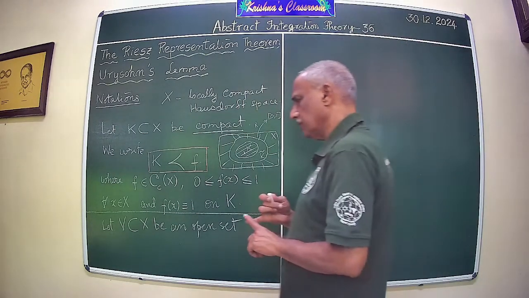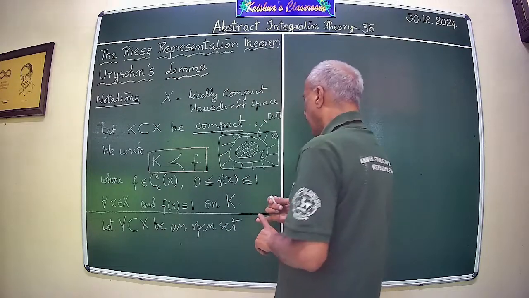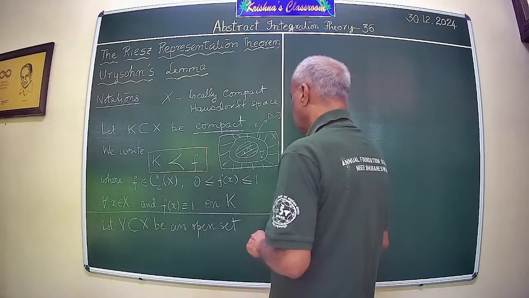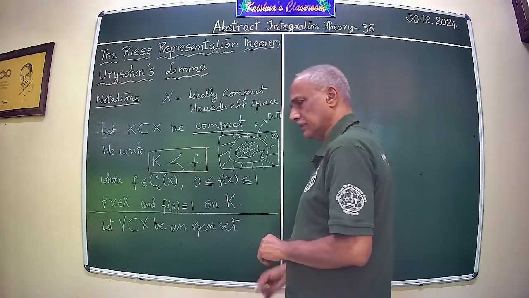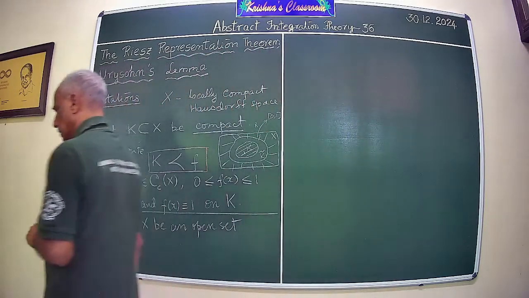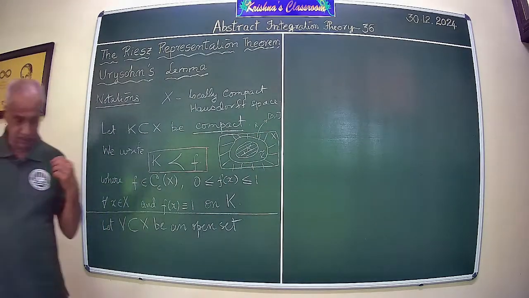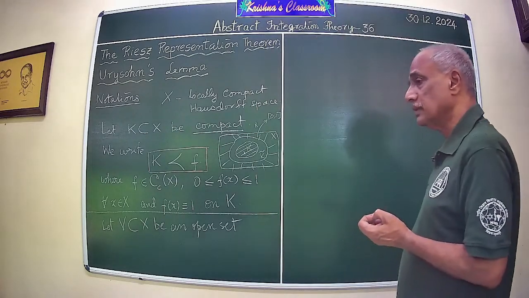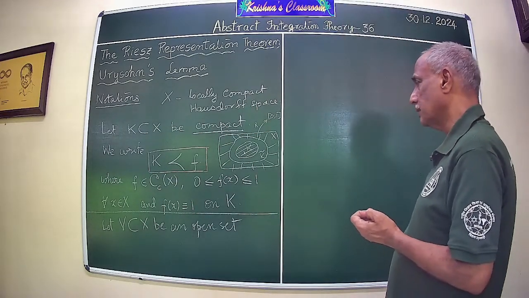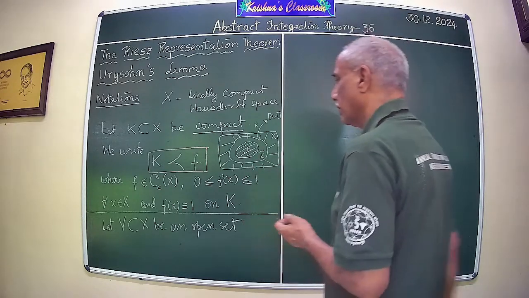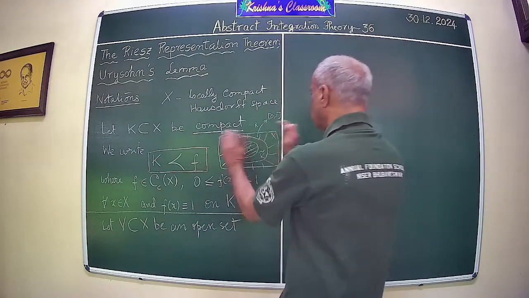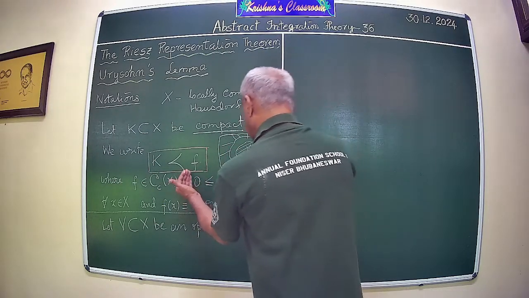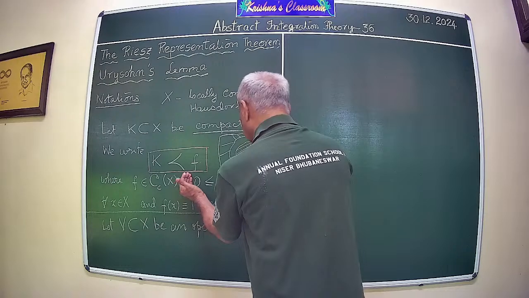So on K, the function takes the value 1, and the support of f is K tilde, that is, it has a compact support. That means the set on which f(x) is not equal to 0, and you take the closure of that. So that's given by a compact set K tilde, and outside that the function takes the value 0, and the function is continuous, it takes values between 0 and 1.